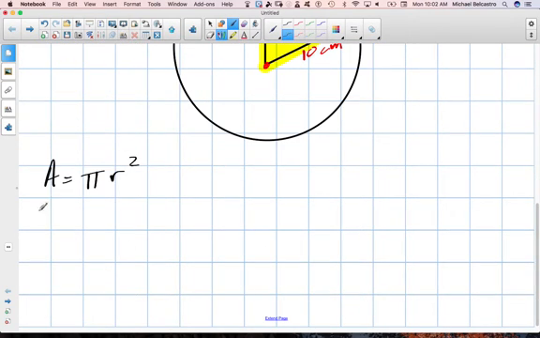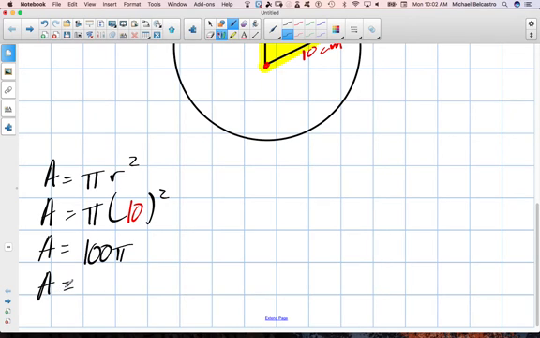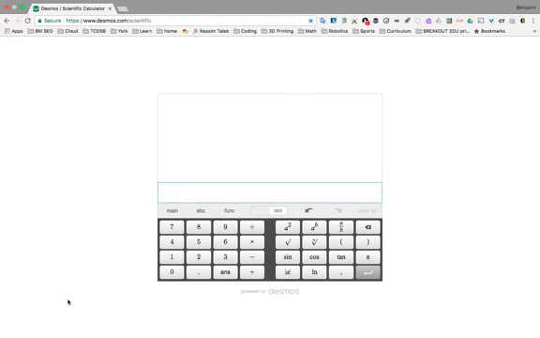So the area is equal to the constant pi times the radius, which we have at 10, and then squared. Well, 10 squared is 100, so we're looking at 100 multiplied by the constant pi. So the area of the total circle, we'll go to our scientific calculator here, is 100 multiplied by pi, and look at that, 314.15.